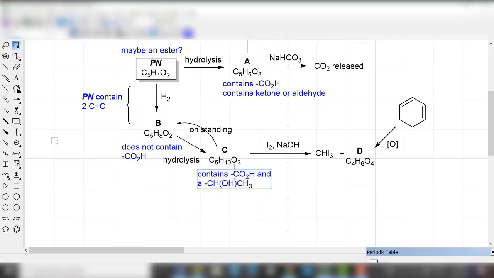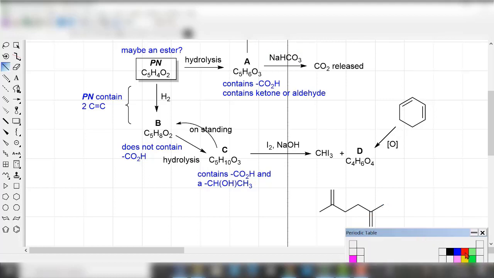With this in mind, I think you can easily tell me what D is. I'm going to draw D out pretty easily. I'm just going to put in the oxygen.